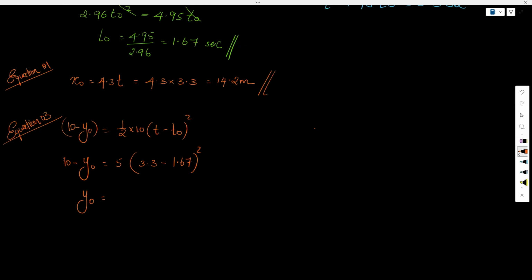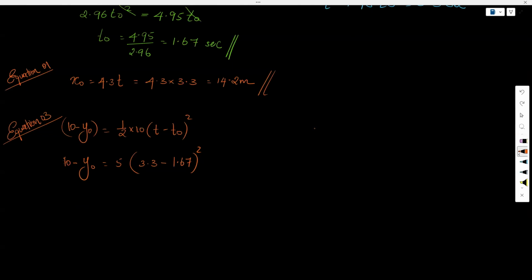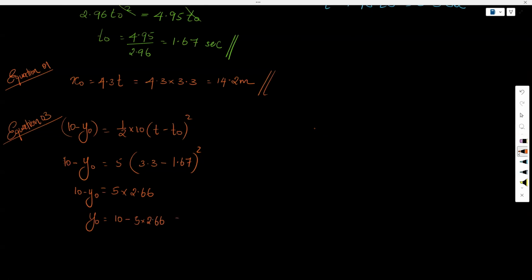Let's simplify it. So 3.3 minus 1.67 squared is 2.6569, so 2.66. So 5 times 2.66 is 10 minus y0. So y0 is 10 minus 5 times 2.66, which is minus 3.3.